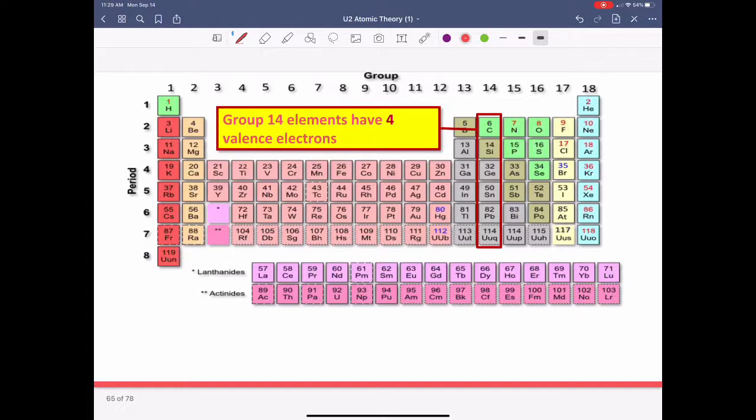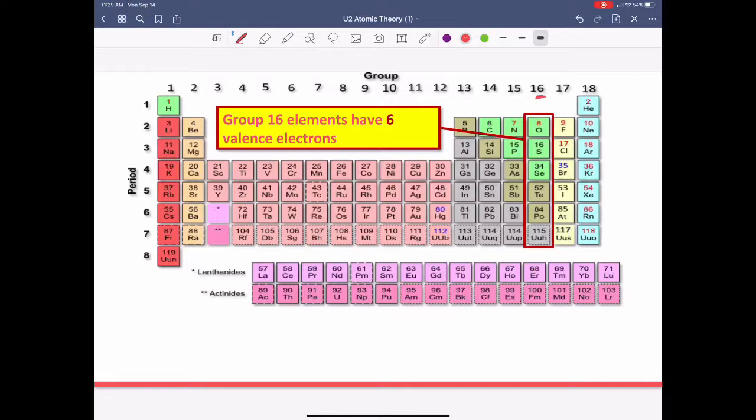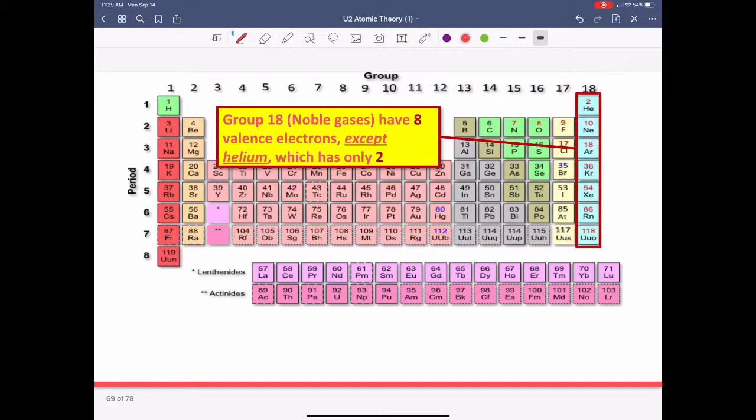Group 14 has 4. Group 15 has 5. Group 16, 6. Group 17, 7. And group 18, 8 valence electrons. So again, 1, 2, 3, 4, 5, 6, 7, 8. That's how many valence electrons each of those groups have. So they're grouped together based on their valence electrons.